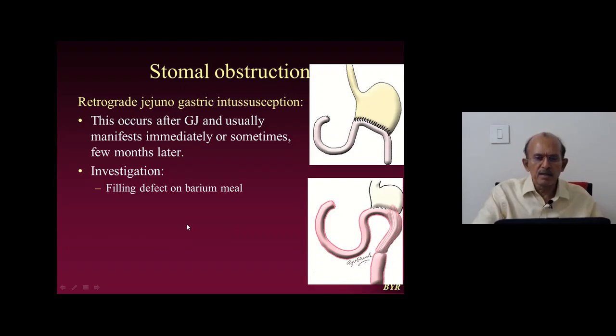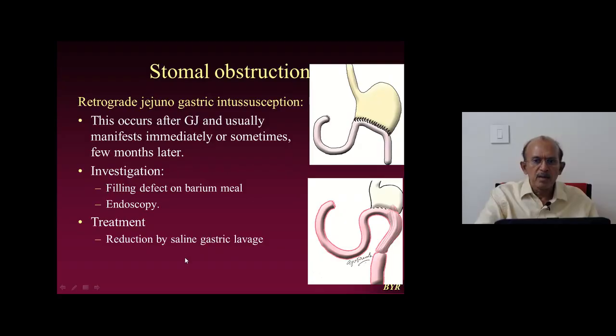Investigation: filling defect is discovered on barium meal. Then endoscopy. Treatment: reduction by saline gastric lavage. What you do is, for example, following gastrojejunostomy, you put a Ryle's tube and then fill the stomach with 2 to 3 liters of fluid or saline.